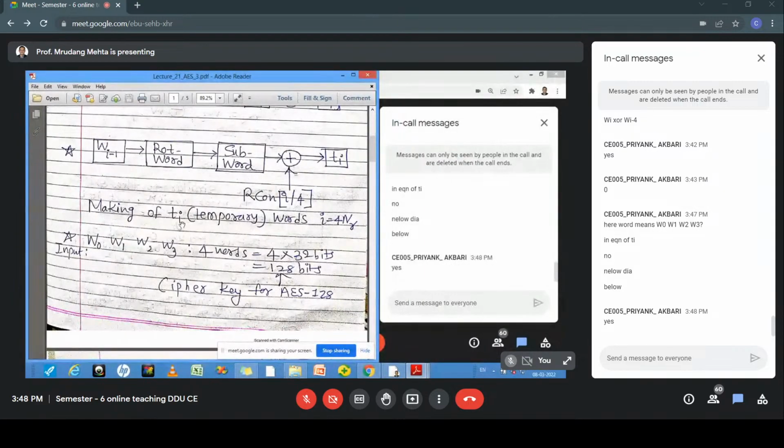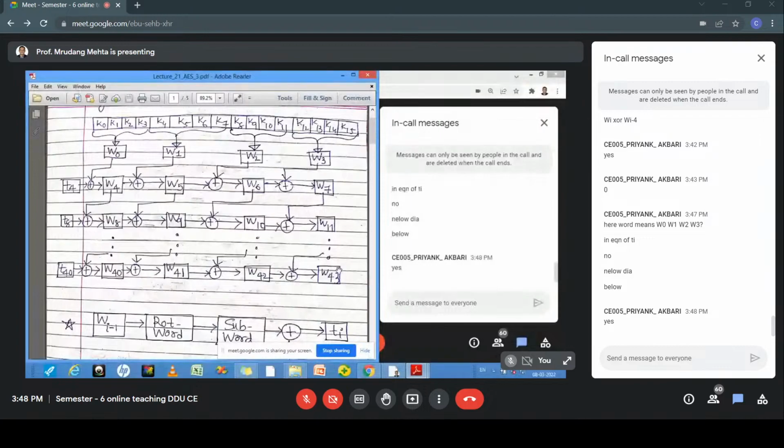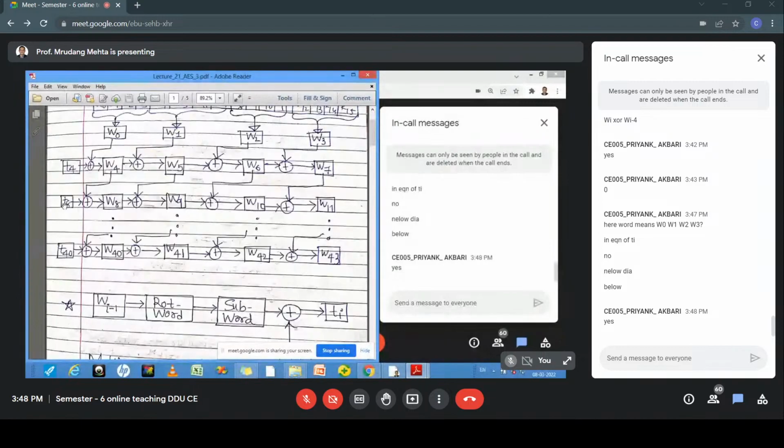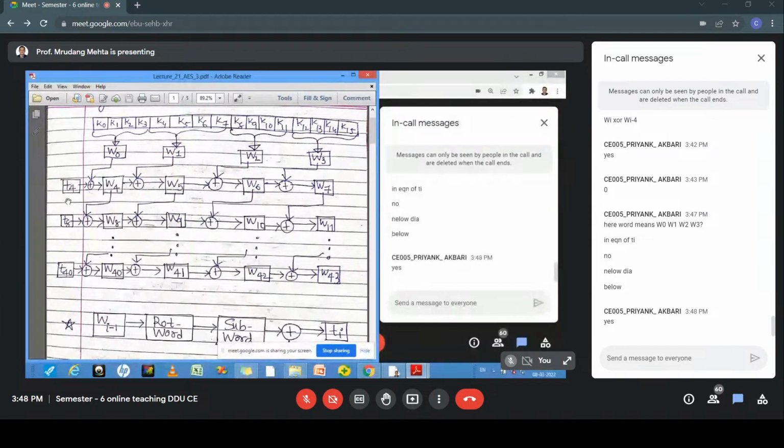So making of Ti words, i is equal to 4 into NR. NR means number of rounds, right? So how many rounds do you have? 10 rounds, so 10 into 4, 40. So we need 4, 8, 40, multiplied by 4 into 1, 4 into 2, 4 into 10.